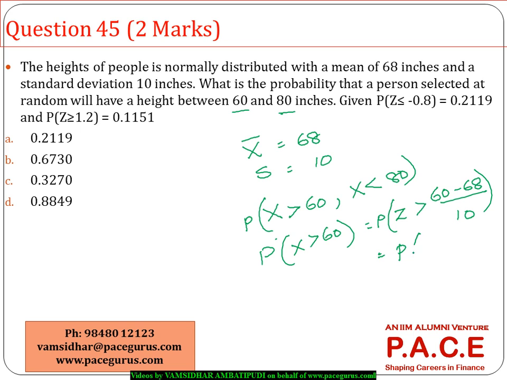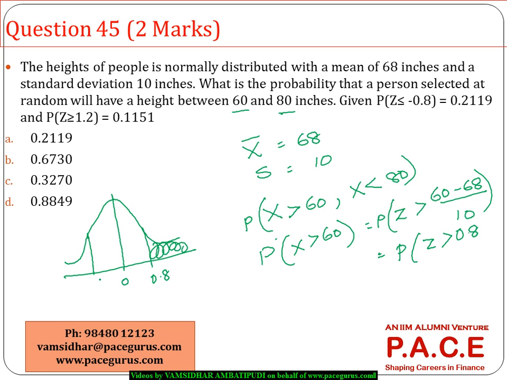Which is nothing but the probability of z greater than minus 0.8. If this is the standard normal distribution, we are talking about z which is minus 0.8. I want the probability of this.